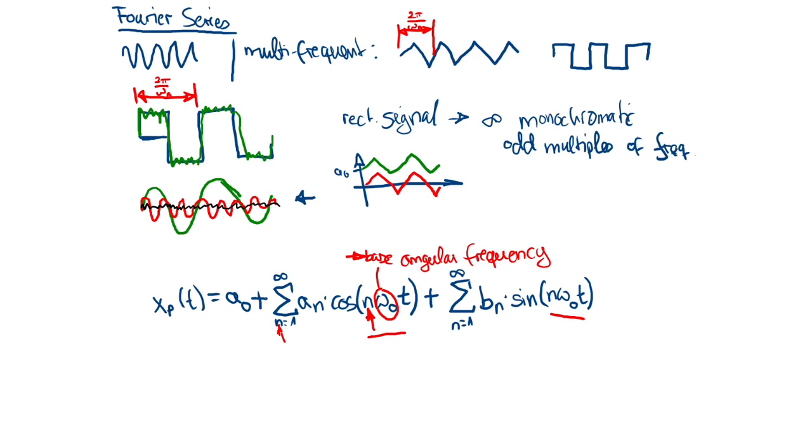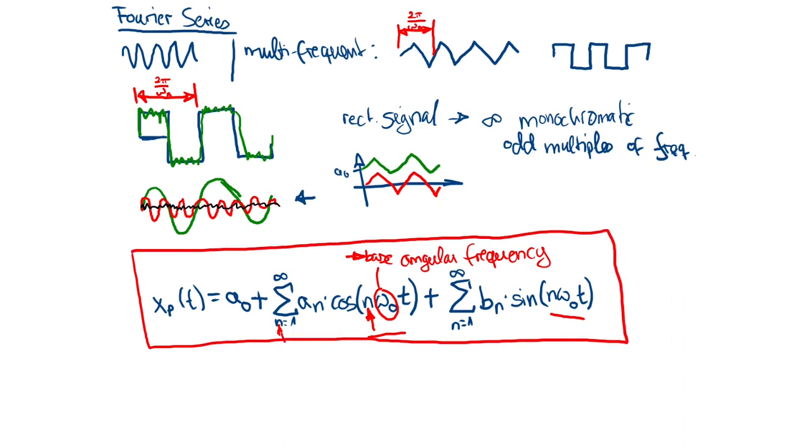But before we discuss this, let's mark this very important formula, which is called our Fourier series. You will also find the term Fourier analysis. This describes the process of decomposing any periodic signal into its monochromatic components.